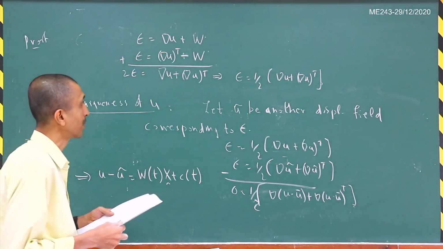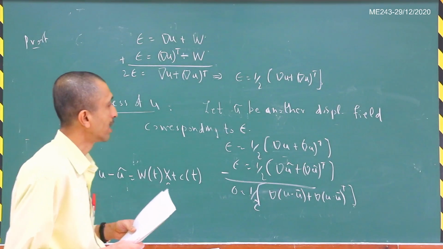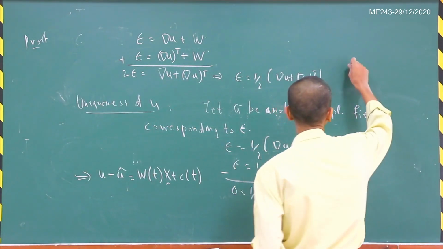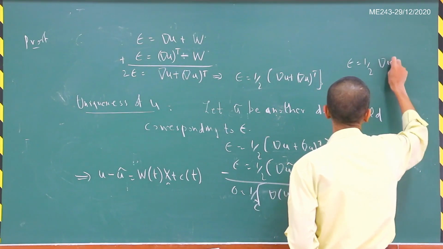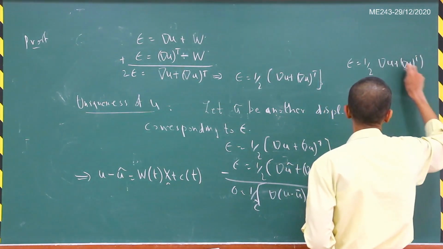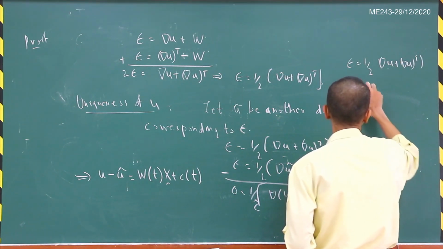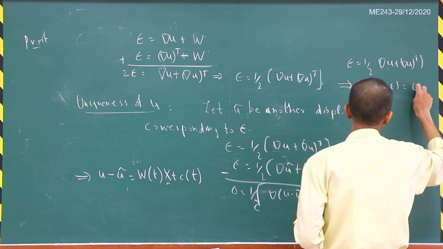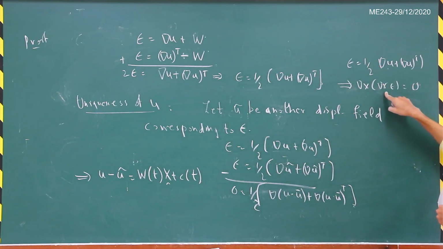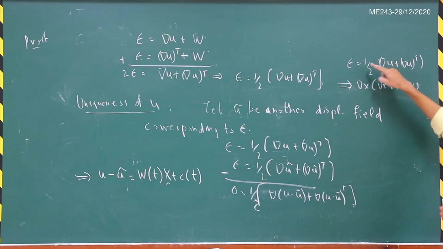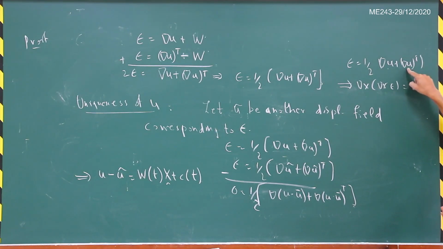Suppose you are given that epsilon is equal to half of del u plus del u transpose, then this implies that del cross epsilon is equal to 0. Okay, so the compatibility relations are satisfied. Conversely, if the compatibility relations are satisfied, then there exists a vector field u such that epsilon is equal to half of del u plus del u transpose, and this vector field u is unique up to a linearized rigid displacement.